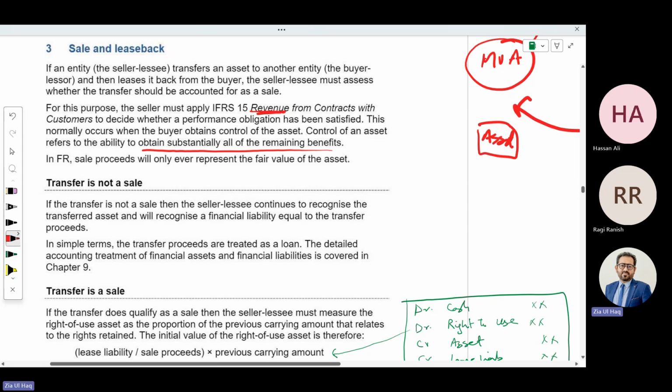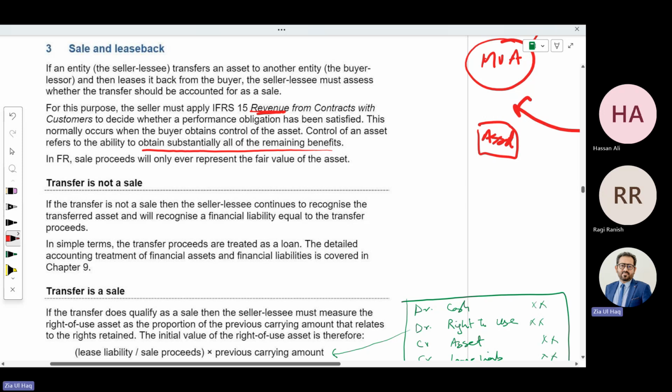If the control of the asset was transferred from A to B, and then A arranges a lease contract with B, then it is meeting the sale and leaseback criteria. If you haven't transferred the control of the asset to B, on paper you have made this contract, then this is not meeting sale and leaseback.